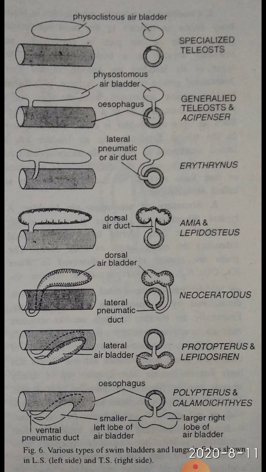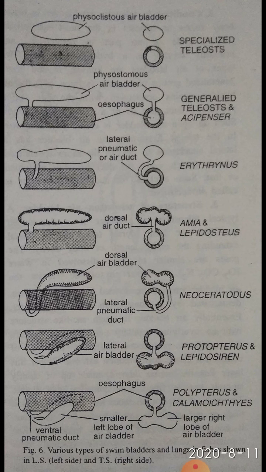The air bladder arises as an outgrowth from the esophageal region of the alimentary canal. It shows a great diversity in mode of development, structure, and function in different fishes.